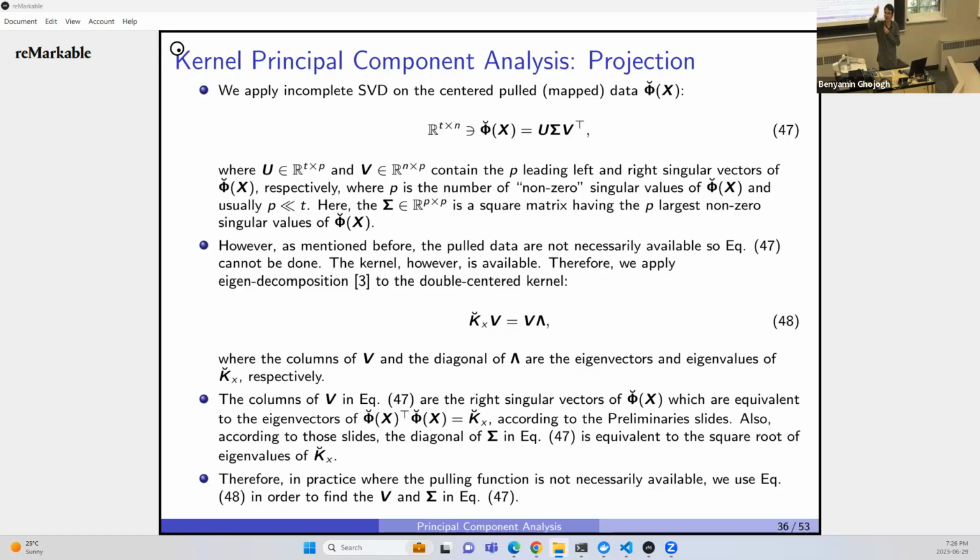Now I apply SVD on Phi of X hat, the centered data pulled to the feature space, and I assume the dimensionality of the Hilbert space is T. This T might be infinite, or very big. Then U is T by P, V is N by P, and Sigma is P by P, with P largest non-zero singular values. Then what happens?